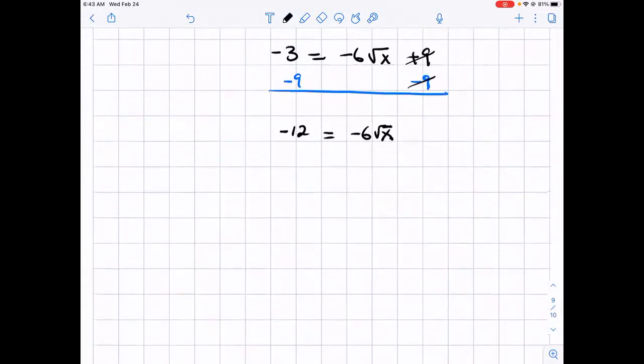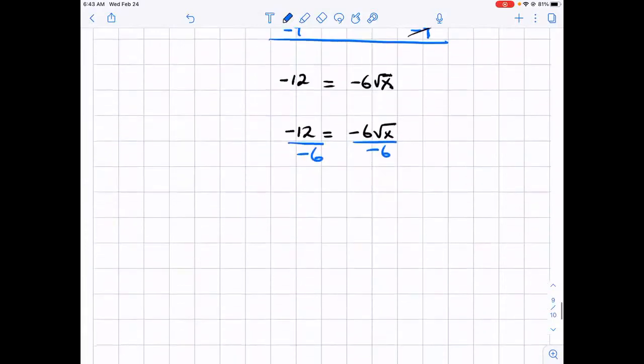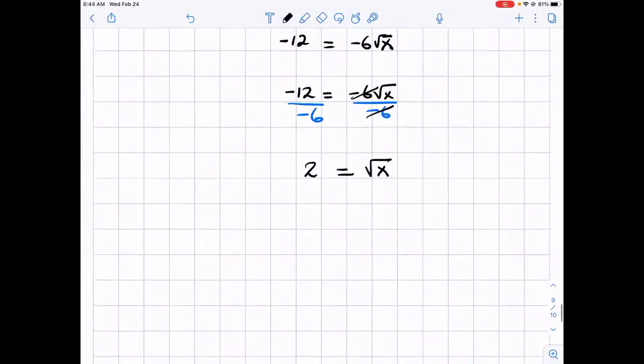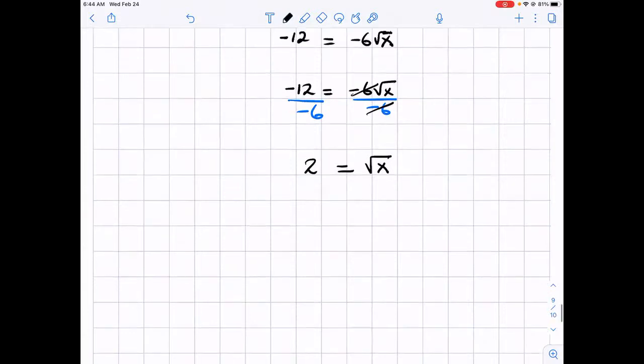And the plus 9 and the minus 9 cancel. Now, to get rid of that -6, since it's a product there, since we're multiplying, we will divide by -6 on both sides. -12 divided by -6 produces a +2. And this -6 divided by that -6 becomes +1. Now we have the radical by itself again. So what do we do? Well, we square both sides again.